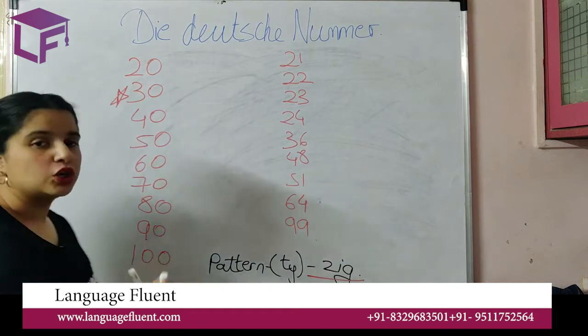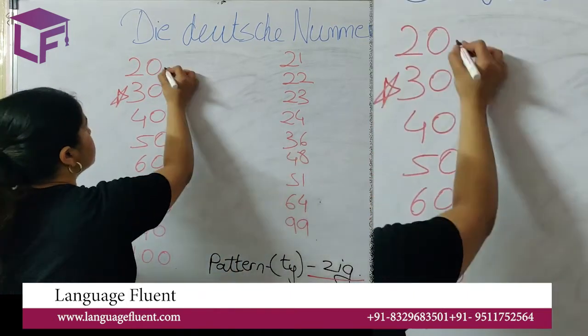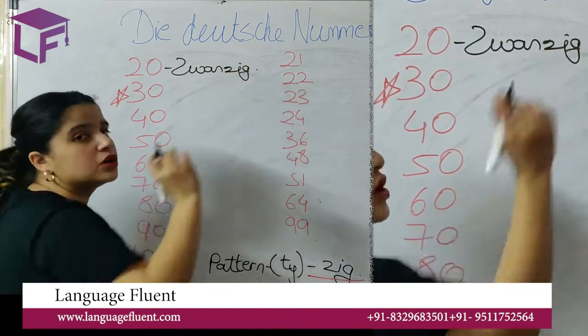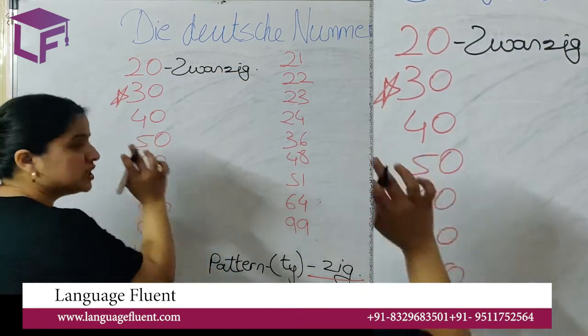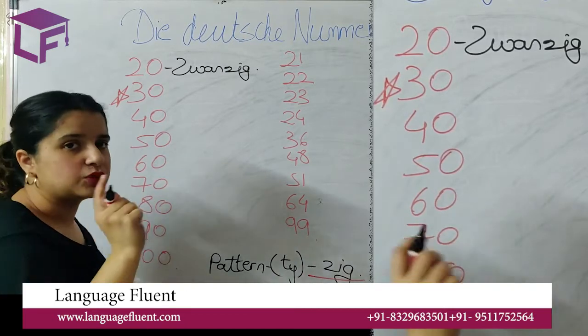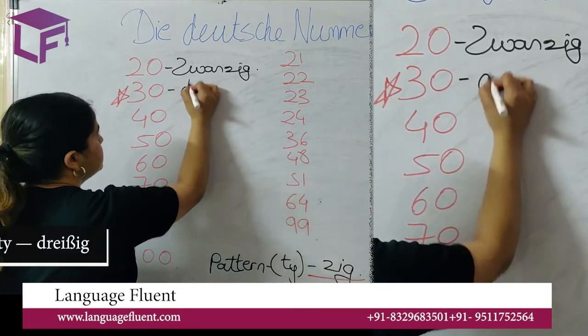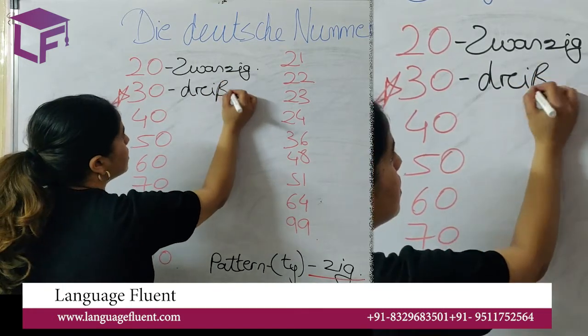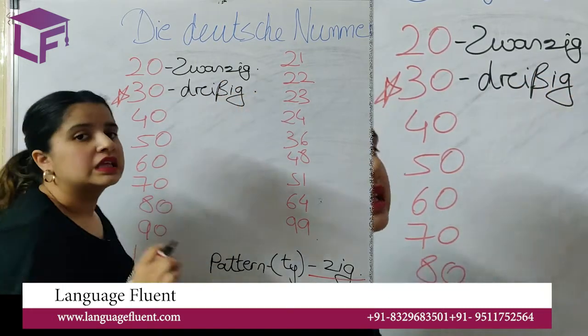So now 20 becomes 20. 30, as I said before, there's only one exception. 30 will become 30.